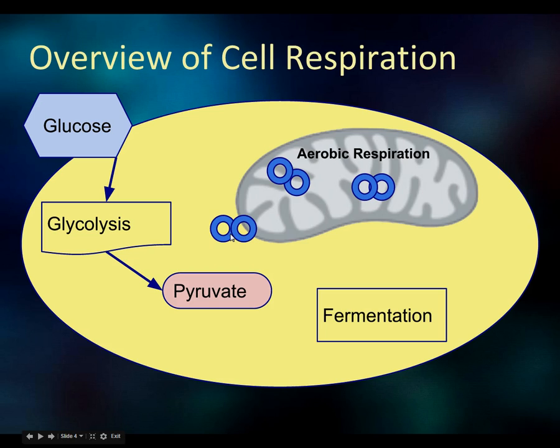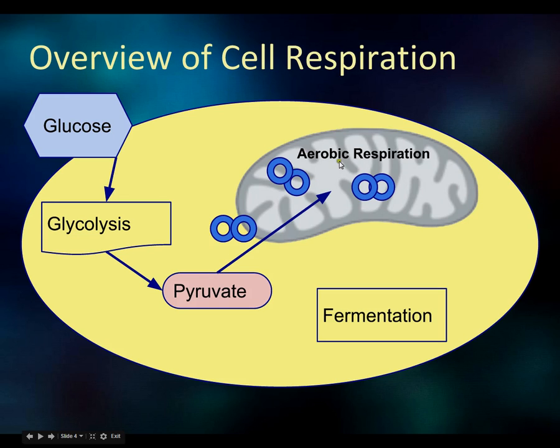If there's oxygen present in the cell, and if the cell contains a mitochondria, then the pyruvate will move into the mitochondria and aerobic respiration will happen. And if you think about this term aerobic, air has oxygen, so aerobic is generally a descriptor for oxygen. So an aerobic workout would be one where you're breathing very heavy and taking in a lot of oxygen. So here we go.